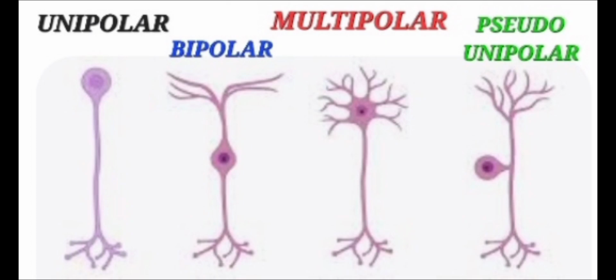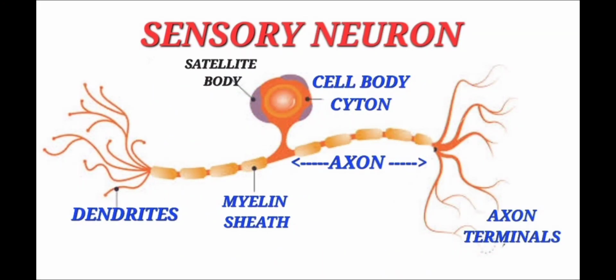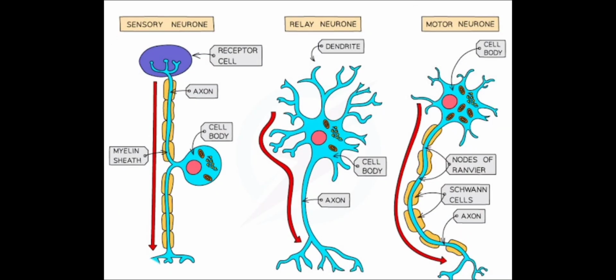Depending on their function, the neurons can again be classified into three different types. The sensory or the afferent neurons, which carry impulses from the sense organs to the central nervous system. These are typically unipolar neurons. The next are the motor or the efferent neurons.